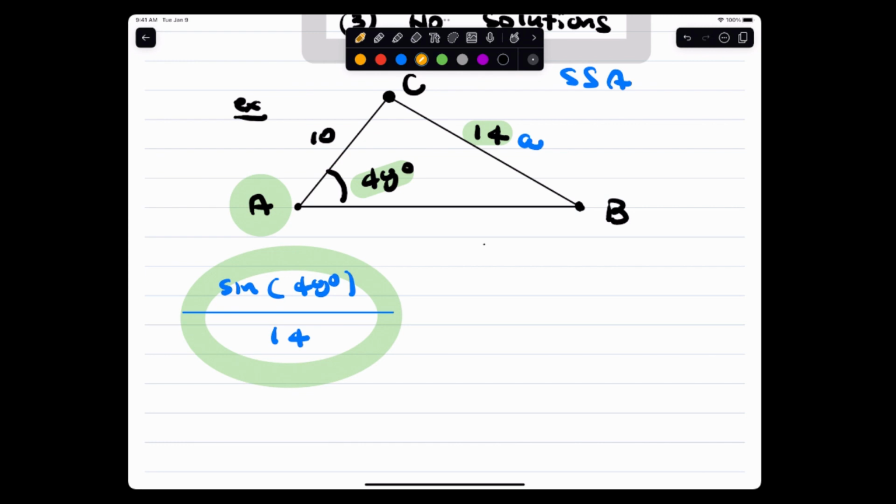If I go to orange and I say, could you guys tell me? This is vertex B. This is angle B. And then this is side what? B. So you say, I can say sine B over what? 10.